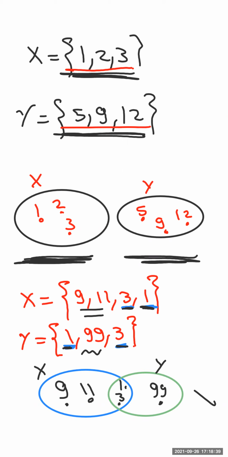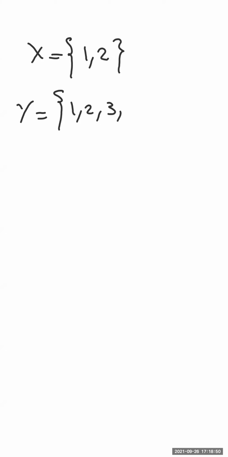If it's like this, x equals 1 and 2, and y equals 1, 2, 3, 4, 5, sorry, and 6. Look for the common elements.